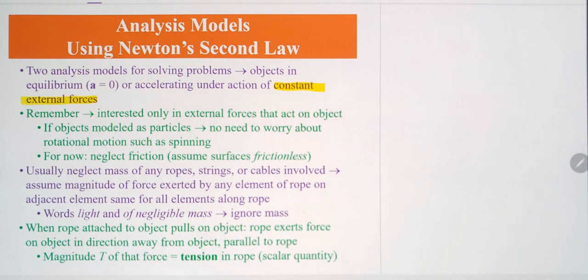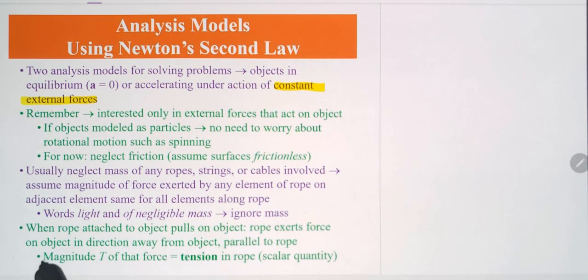We consider the rope identical, meaning the force is distributed equally. Words like light, if you see a light rope, it means neglect the mass of the rope. So that's what you take into consideration.